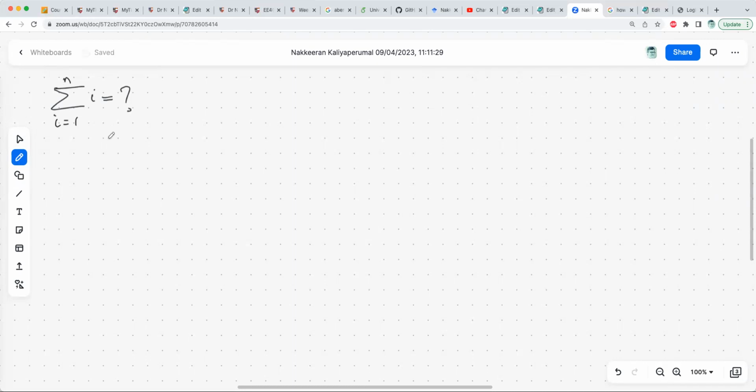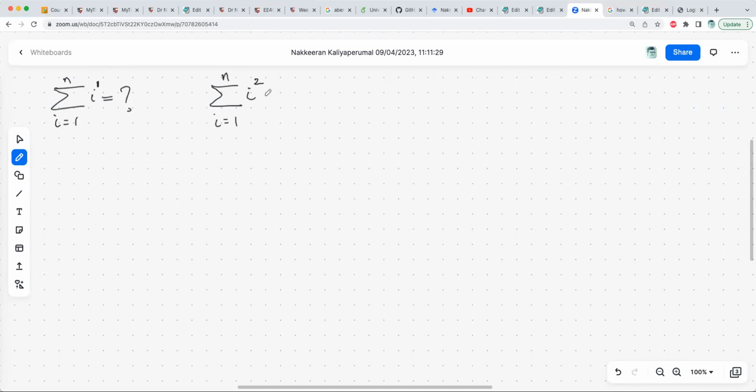Simply, what we could do, because this is i to the power 1, is this: whatever the power you are working on, start the problem to prove this with the square of that. So let's go for the square of this. Do you see what I'm saying? Yes, sir.